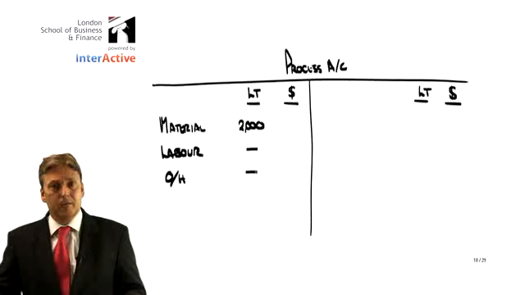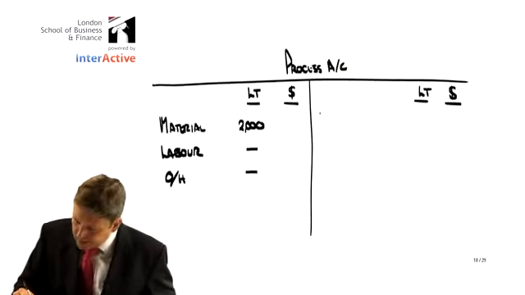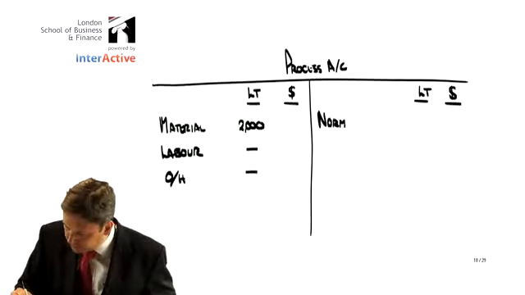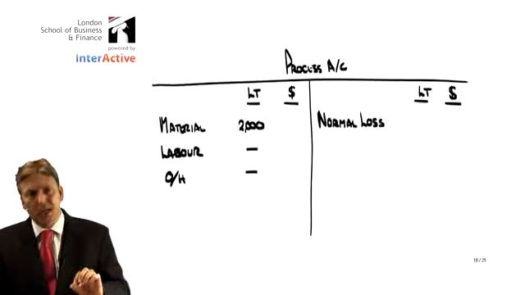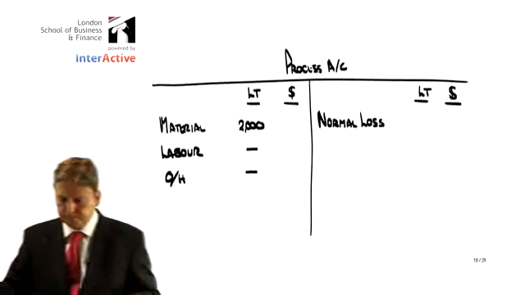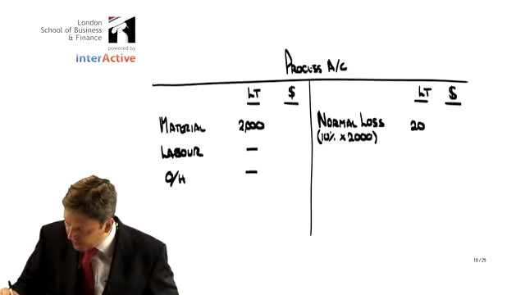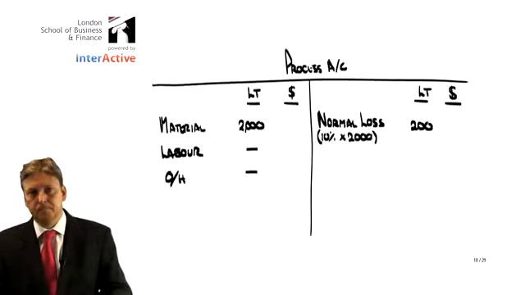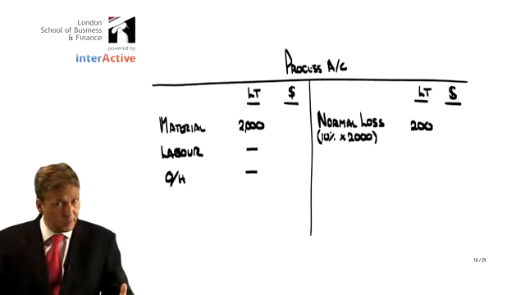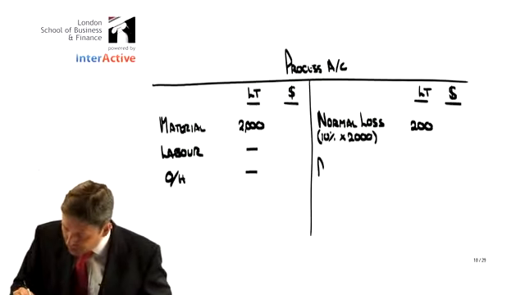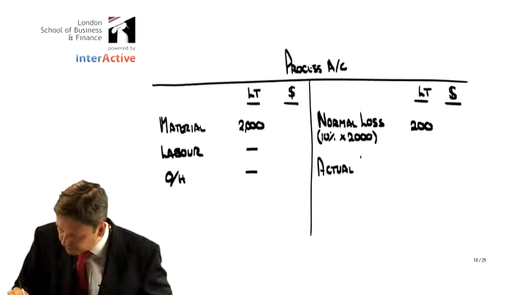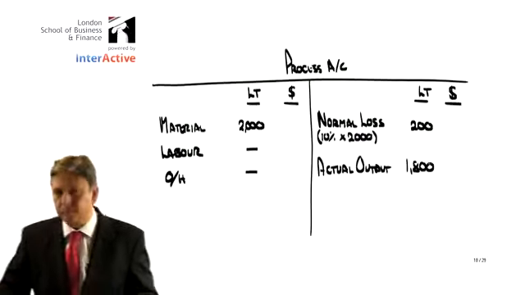What outputs do we have? Well, one output that we have is a normal loss. We are told that 10% of the input is expected to be lost in this way. If we were to take 10% of 2,000, even with my appalling maths, that comes to 200. Luckily, with this simple example, we see that the actual output was 1,800.